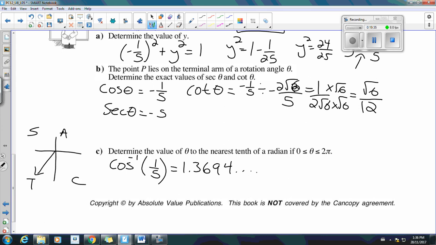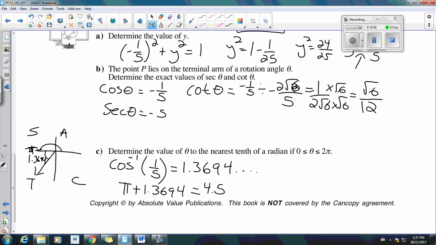What is that angle in quadrant 3? If this is 1.3694 radians, we know to here is pi radians. So pi plus 1.3694 gives us, to the nearest tenth, 4.5 radians.